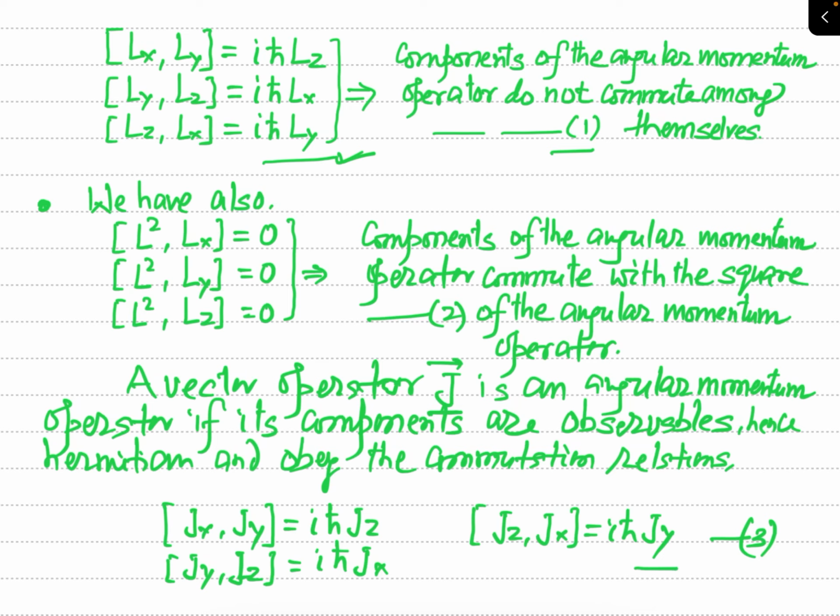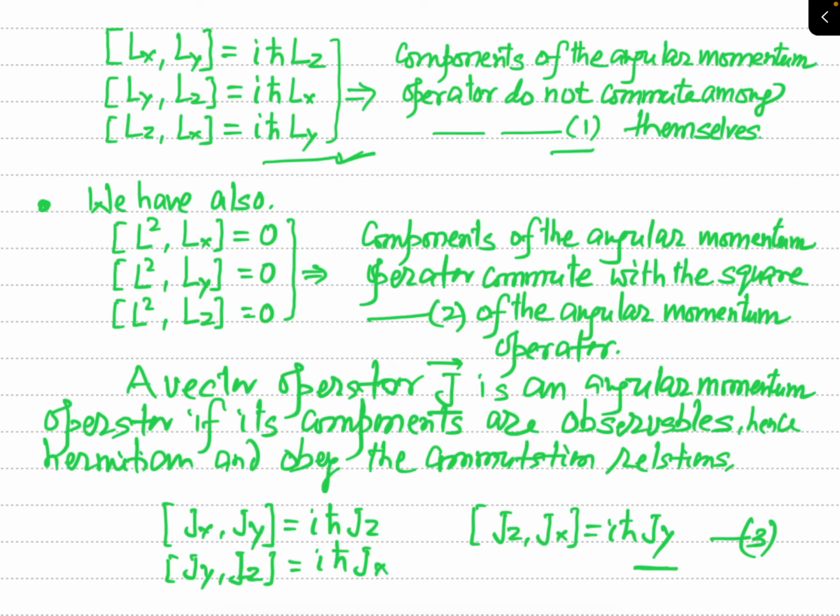But for this, these operators must obey the commutation relations defined in this equation 3. Only then you can say that these are angular momentum operators. So in this way you can say that this is the generalized definition of angular momentum operator in quantum mechanics.